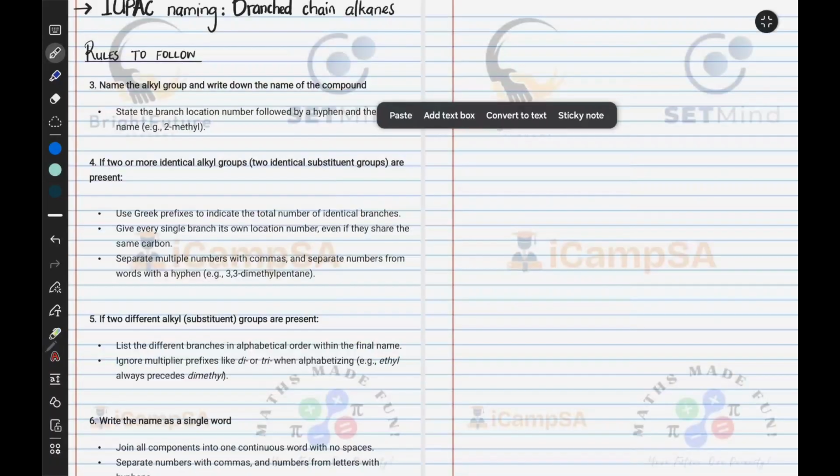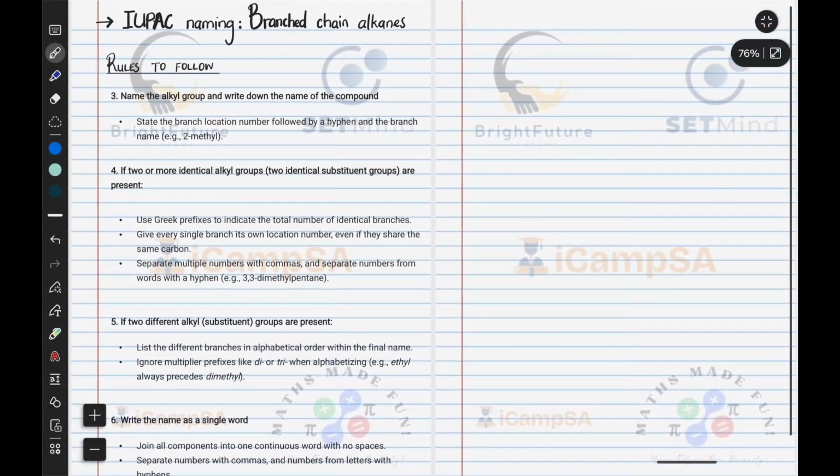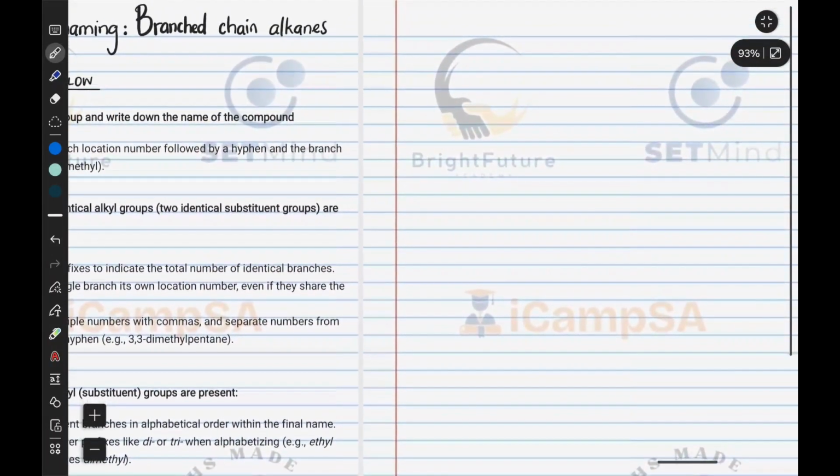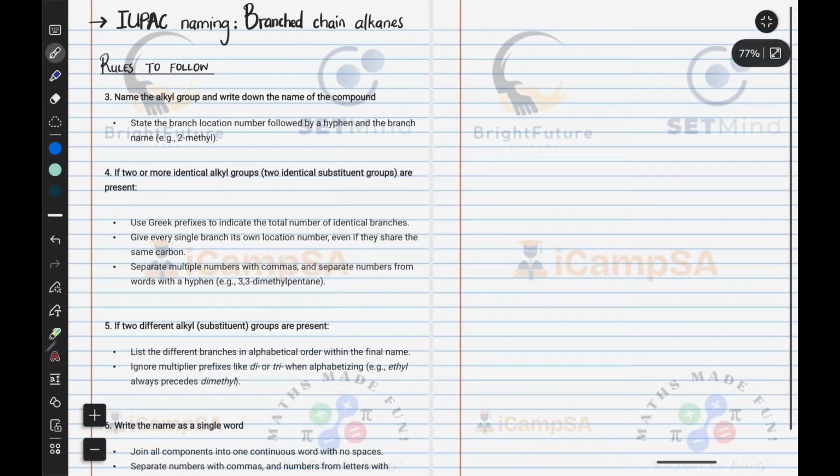For these last set of rules, I will just put all of them here, the remaining ones, because some of them are dependent on the type of organic compound we're dealing with. For instance, if you check, it says we must now name the alkyl group and then write the final name of the compound.